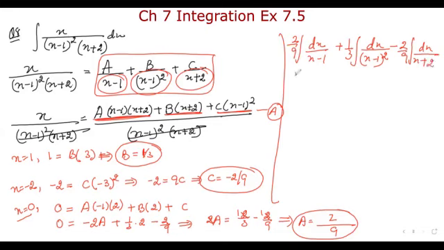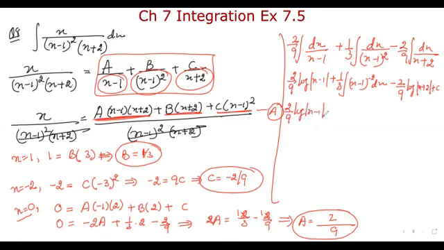Now 2/9 log x minus 1; integration of 1 upon x minus 1 is log x minus 1. Plus 1/3: when there is a square, we do not take log. I am taking it to the power, then I will apply the power rule in the next step. Minus 2/9 log x plus 2 plus c.